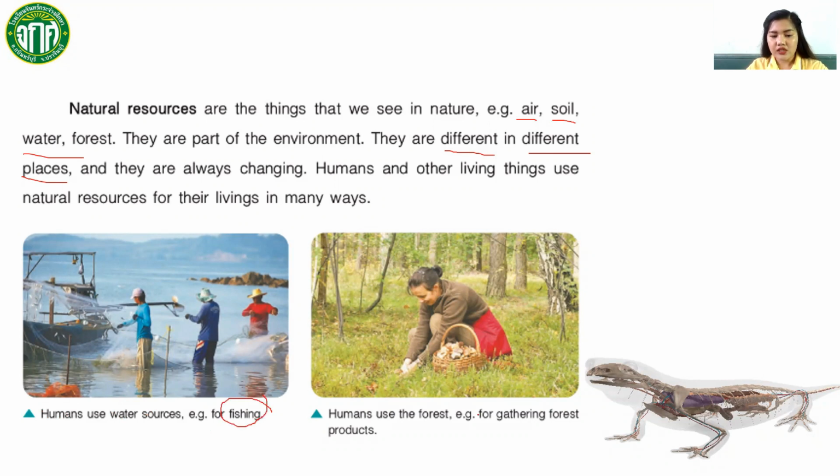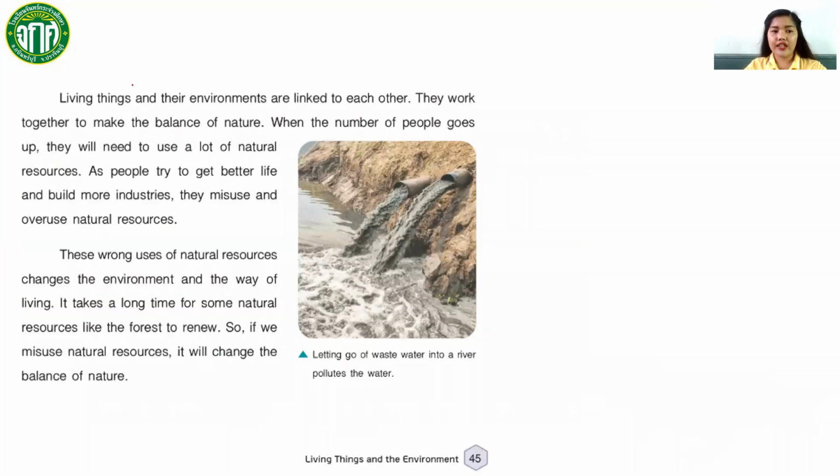Next we have humans use the forest, for example, for gathering forest products. So this woman is gathering the forest products. I think this is mushroom. All right. So living things and their environments are linked to each other.